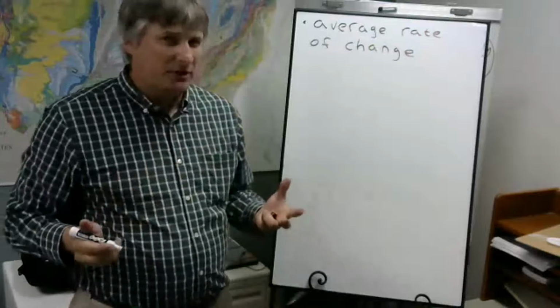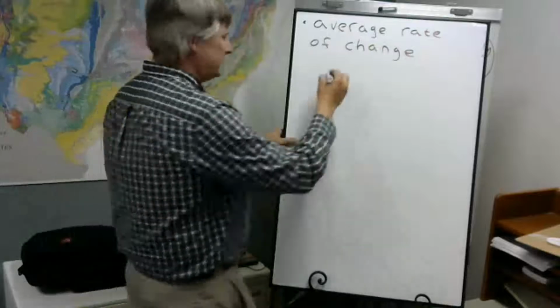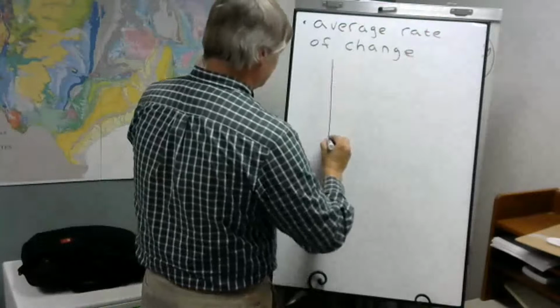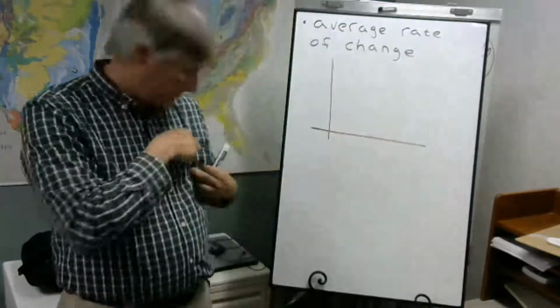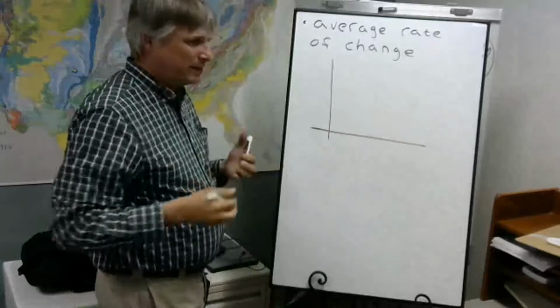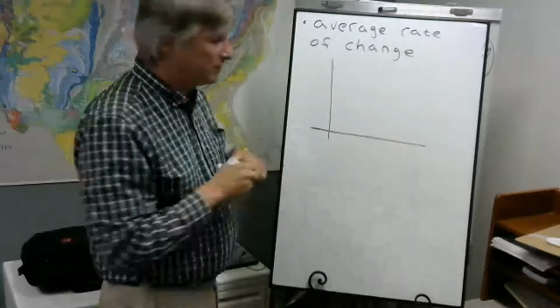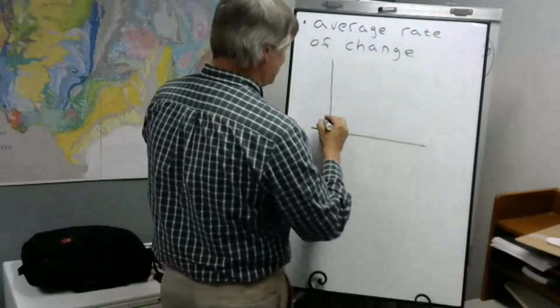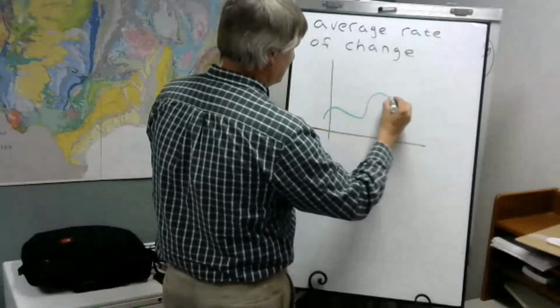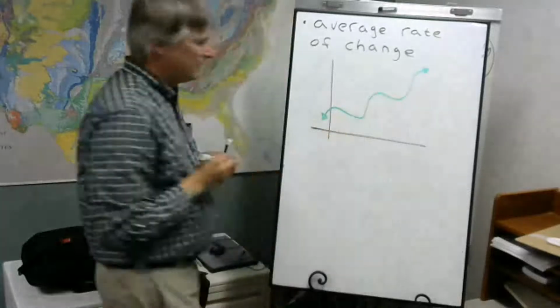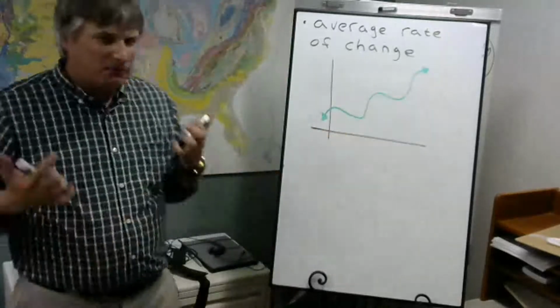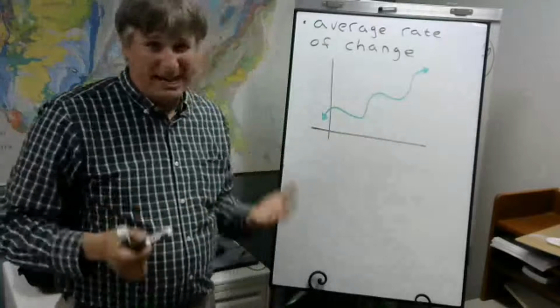So the average rate of change is defined as this. Let's say we have a function. Now, rate of change means slope. And so what we're coming up with is sort of the average slope of a function. Let's say we have something doing this. If you follow the slope here, you can use tangent lines.